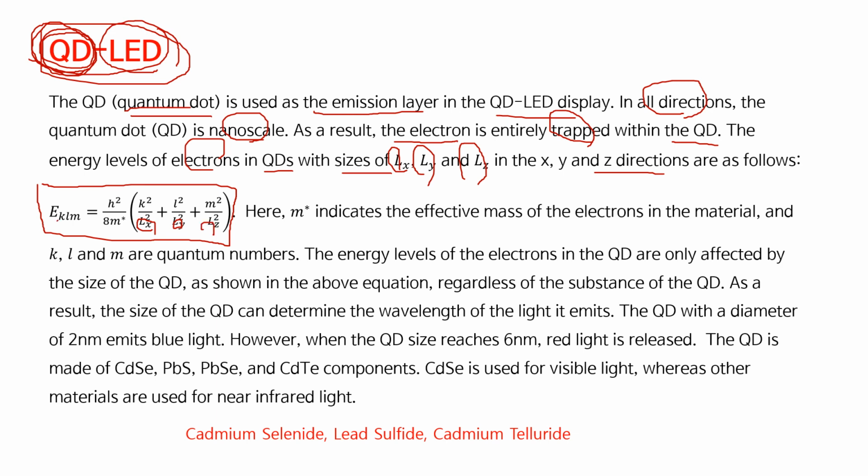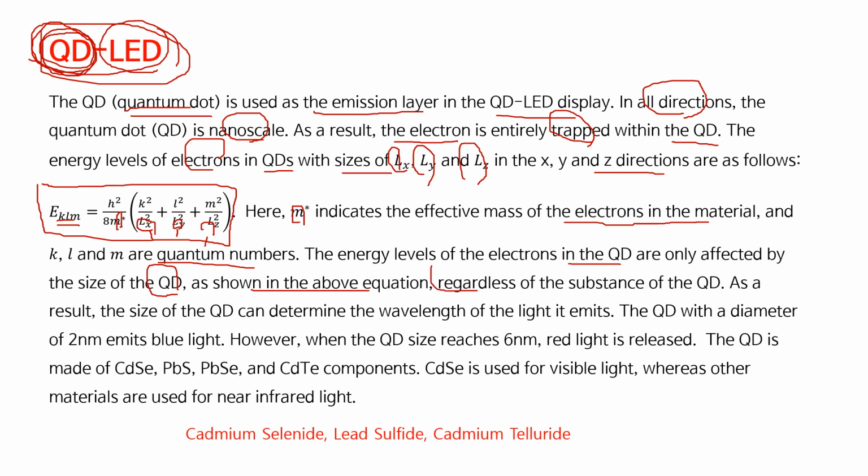And k, l, m represent the quantum numbers, and m* indicates the effective mass of the electrons in the material. The energy levels of the electrons in the quantum dot are only affected by the size of the quantum dot as shown in the above equation. So the level only depends on the size of the quantum dots.